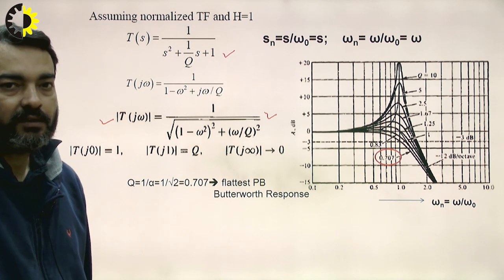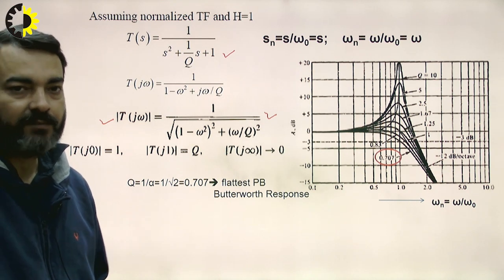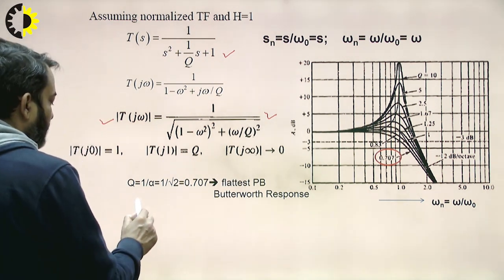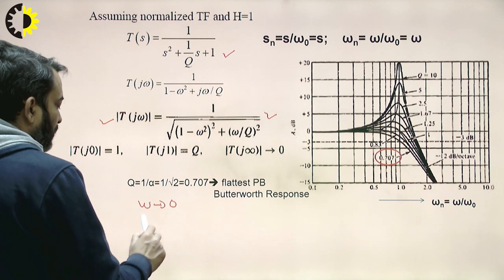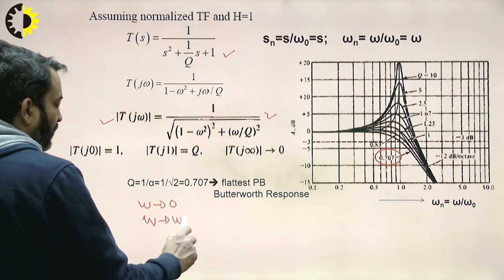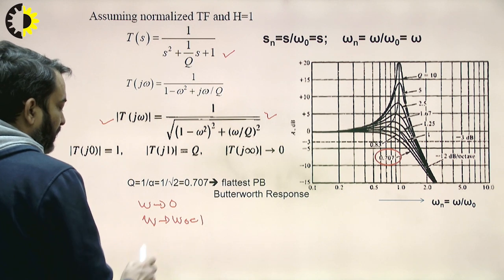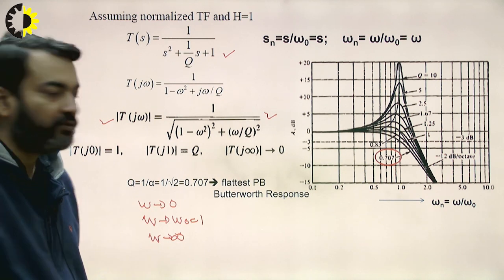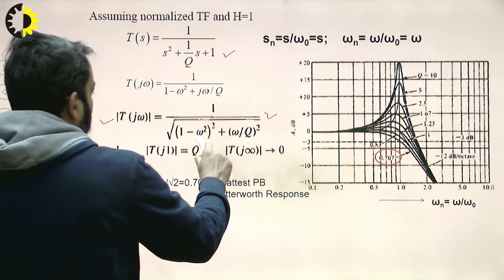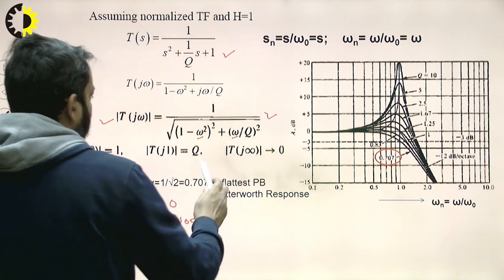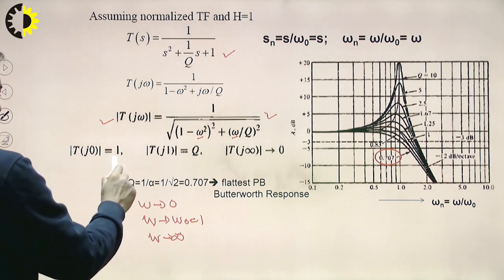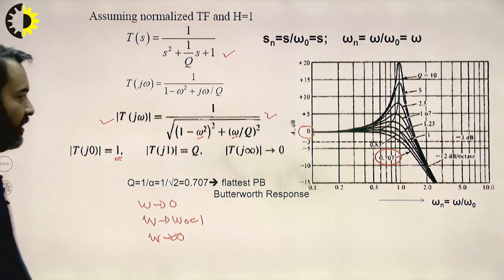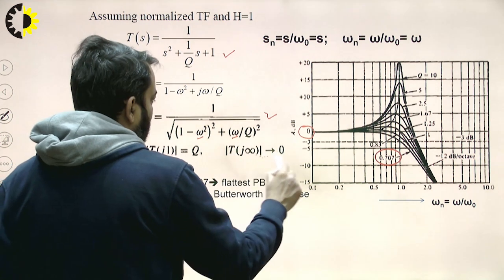Now to check the type of response of the filter, we will have 3 checkpoints, as I have already mentioned: omega tending to 0, omega tending to omega naught, in present case this will be 1, and omega tending to infinity. So for omega tending to 0, this term will be 0, so gain will be 1. The highest gain is 1, that is 0 dB. For infinity, this complete term will become 0.